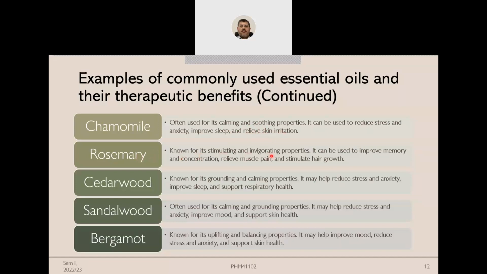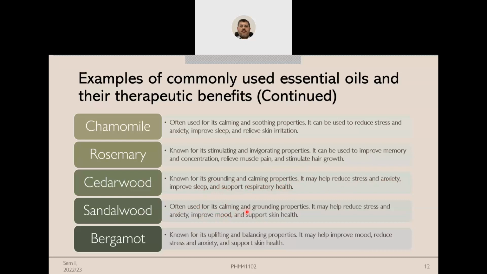Rosemary has stimulating and invigorating properties. It can be used to improve memory and concentration, relieve muscle pain, and stimulate hair growth. Cedar wood has grounding and calming properties, may help reduce stress and anxiety, improve sleep, and support respiratory health as well.